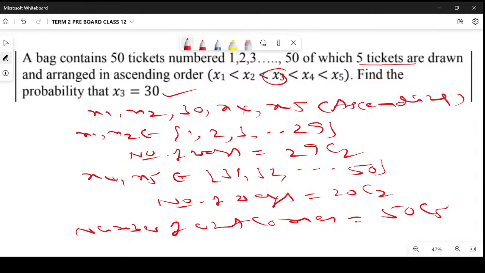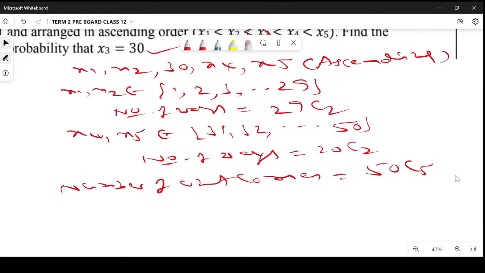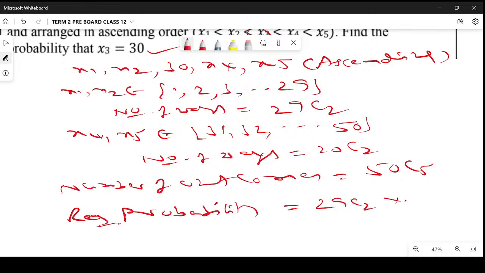So the required probability is favorable events by number of outcomes. What are the favorable events? 29C2 into 20C2.